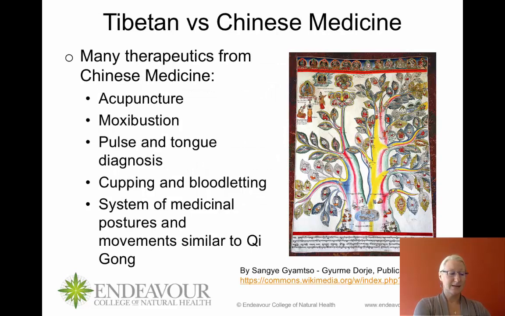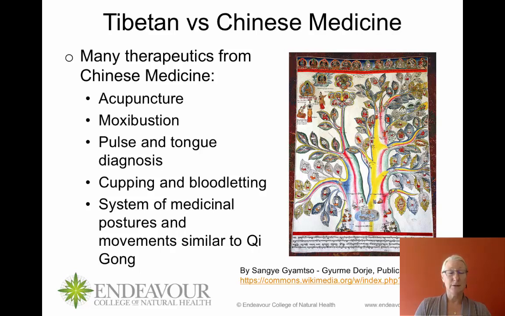So to contrast Tibetan and Chinese medicine, which we'll come to in our next lecture, and this is a good little segue into our next lecture, many therapeutics in Tibetan medicine come from Chinese medicine. So they utilize acupuncture and moxibustion, which is the burning of a specific herb. We'll talk about that next session. They utilize pulse and tongue diagnosis that has more similarity to Chinese medicine than to Ayurvedic medicine.